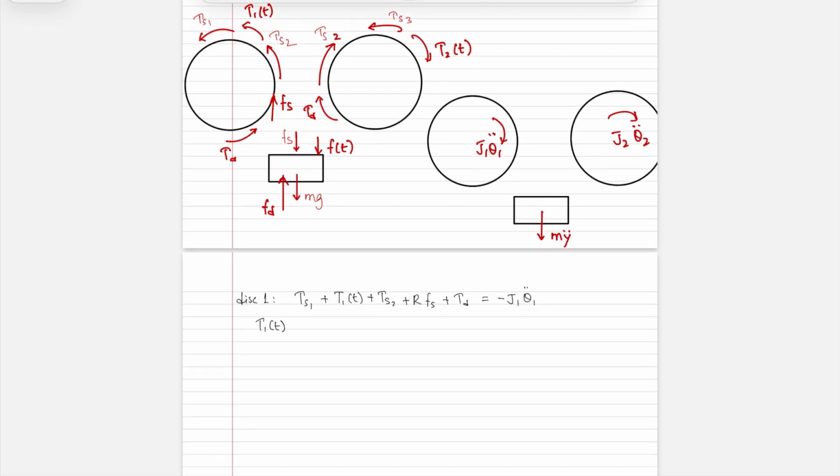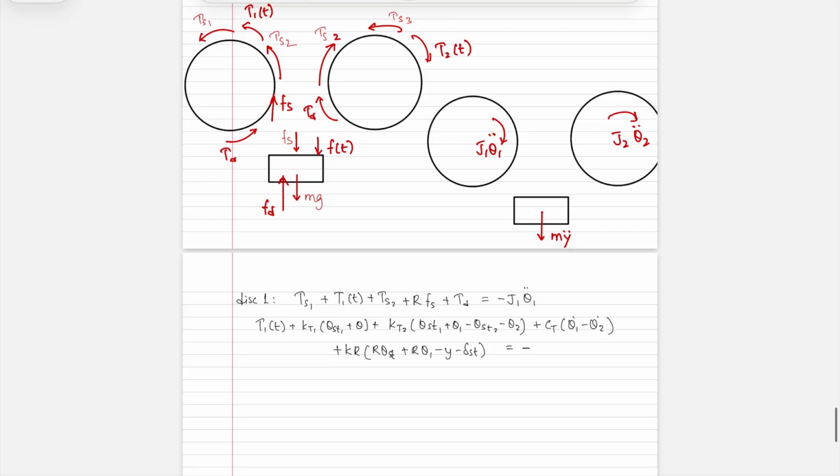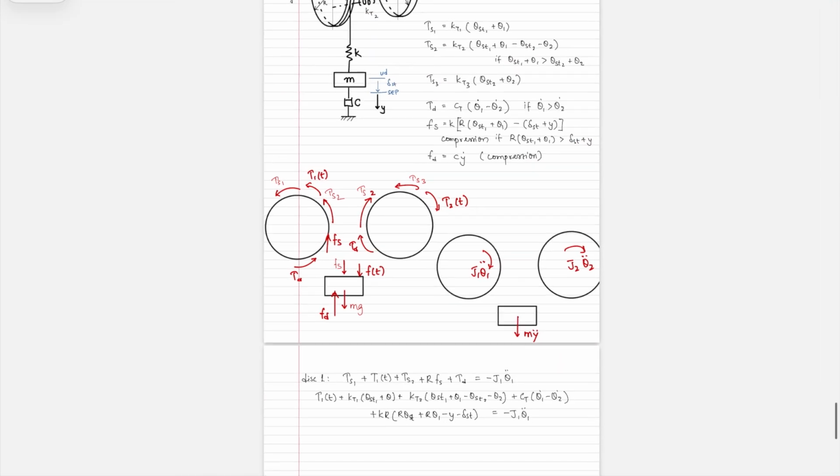You should get... Okay, so all I did was substitute the values from here.